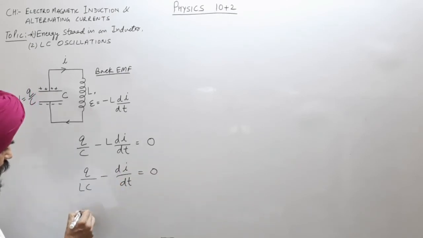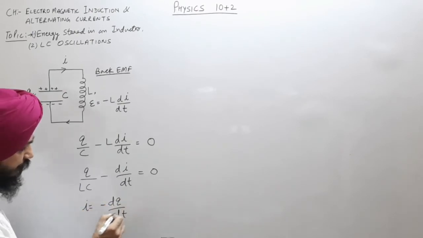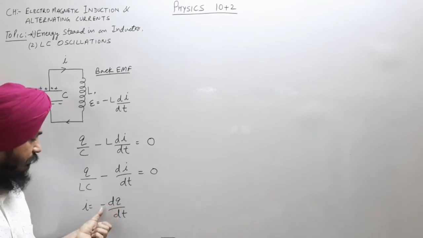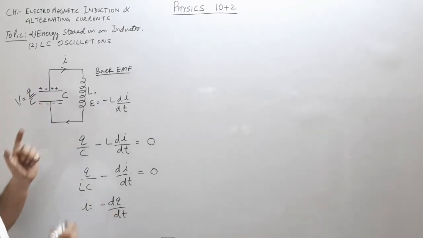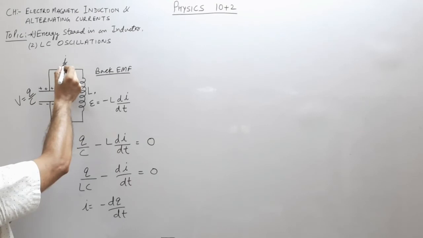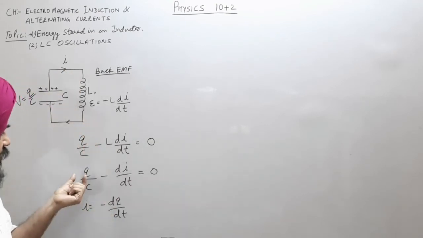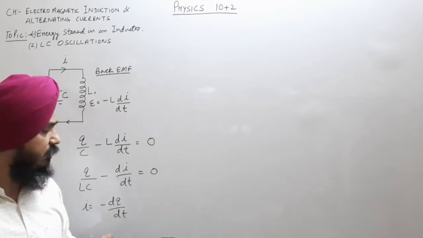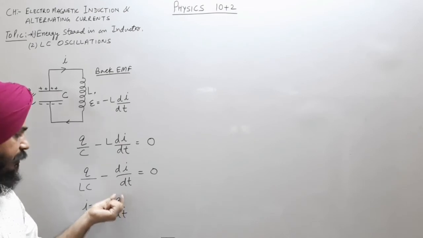As we know, I is minus dq upon dt, the rate of change of charge. Why this negative sign? Because with the passage of time, as the charge decreases on this capacitor, the current goes to its maximum value. It means charge and current go in a reciprocal manner with each other. As charge decreases, current increases.